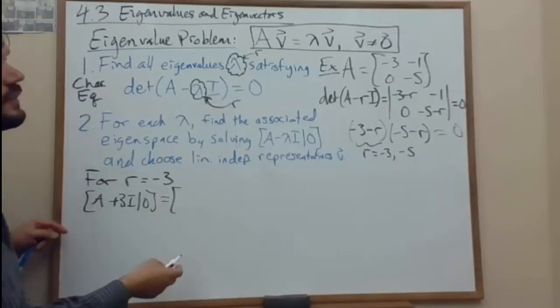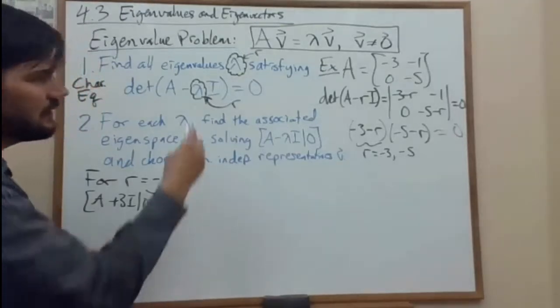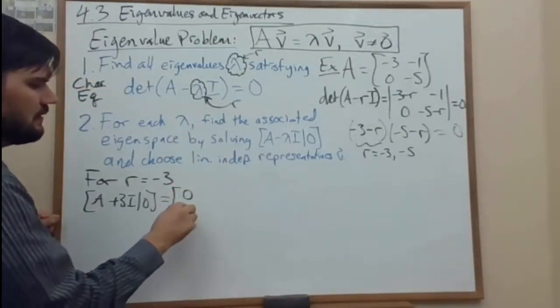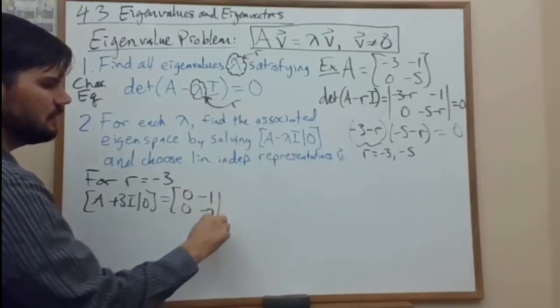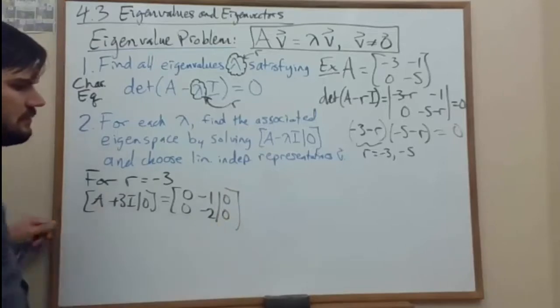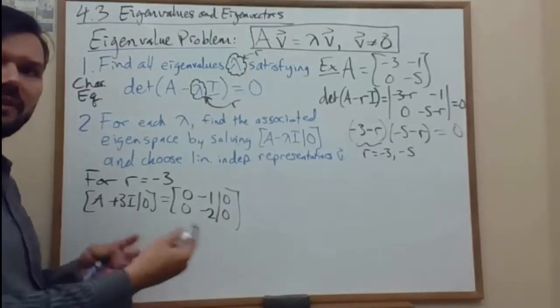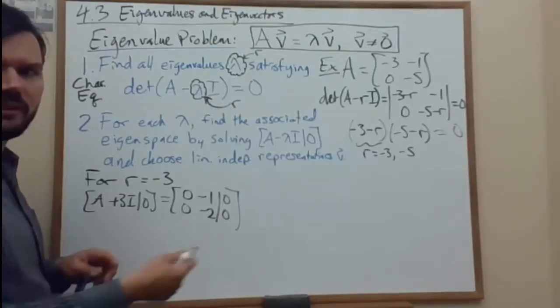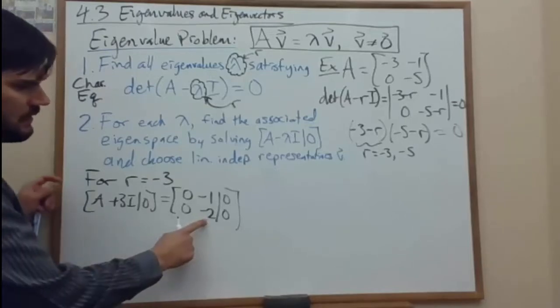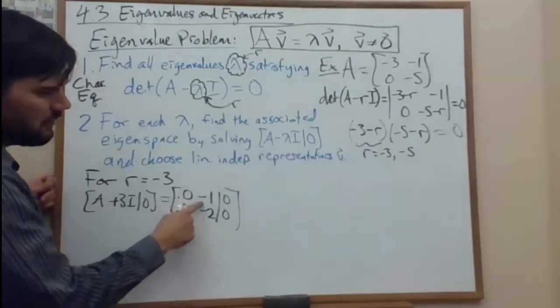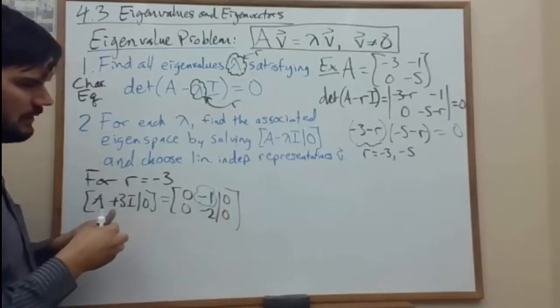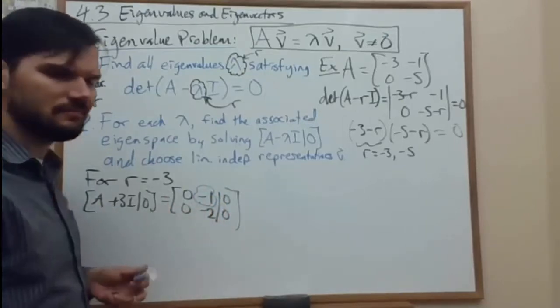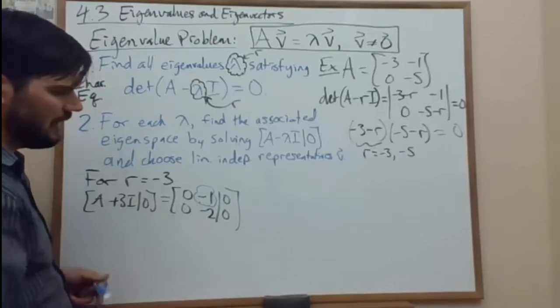I'm adding 3 to each diagonal element, so I get 0, 0, -1, and -2, 0, 0. And I want to solve for the eigenspace, or the relationship between the components here. So I have no pivot here, which means I move over to my -1 as my pivot, and I clear below.